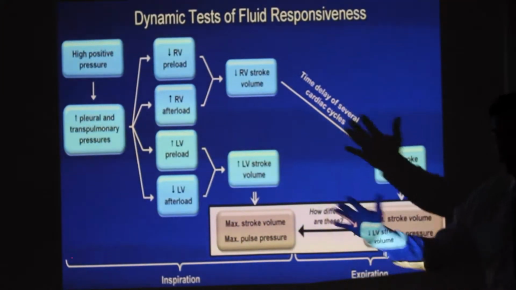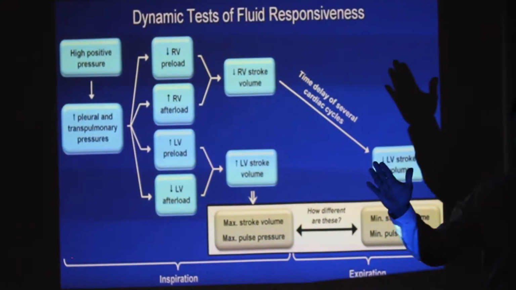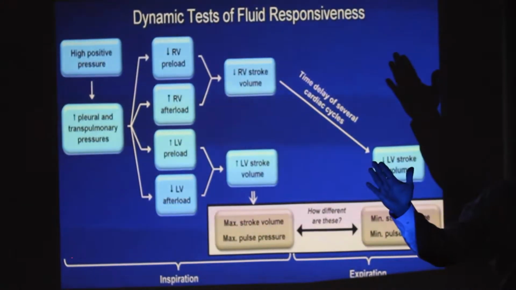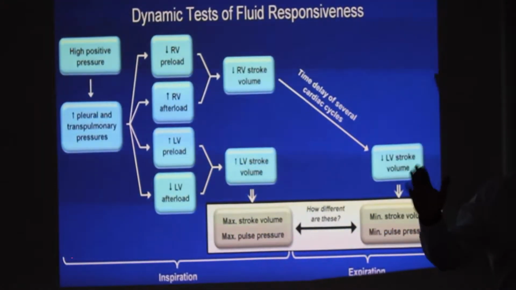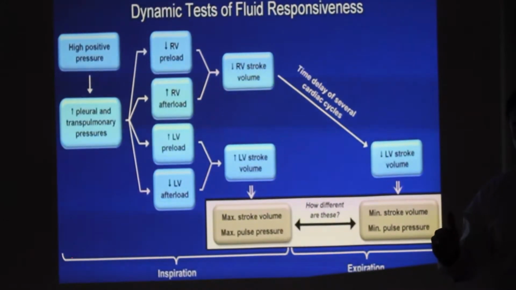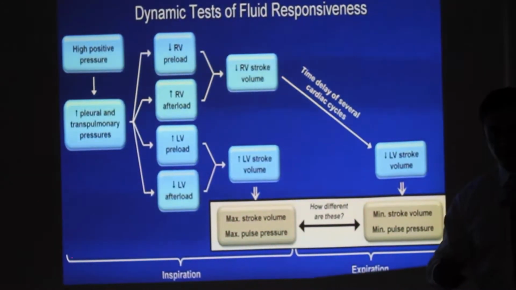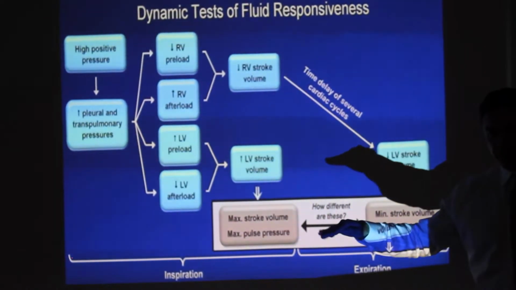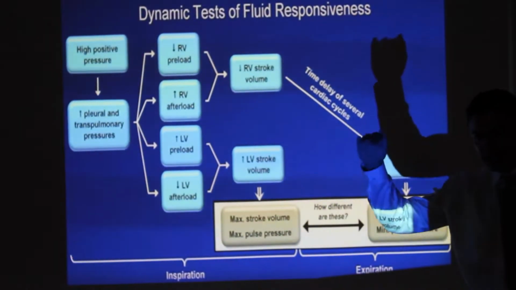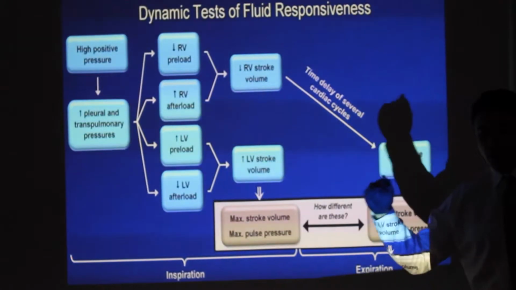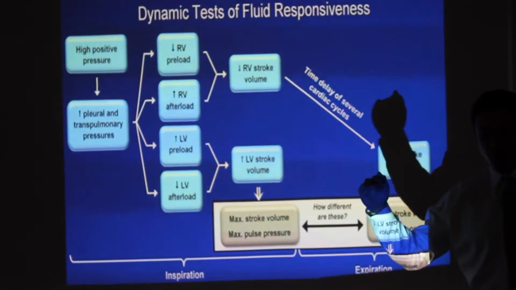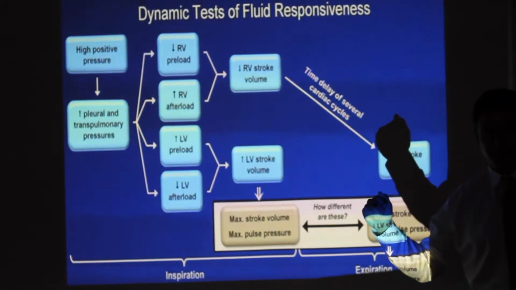So if we take this variation between inspiration and expiration for the LV, during inspiration the LV stroke volume is going to go up. This will be the maximum pulse pressure. During expiration, the LV stroke volume is going to diminish, it's going to go down. This will be the minimum stroke volume, or pulse pressure.